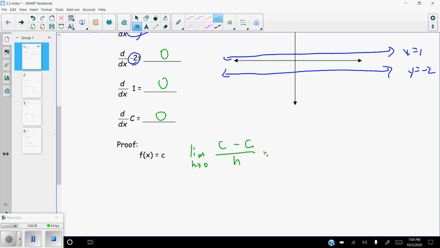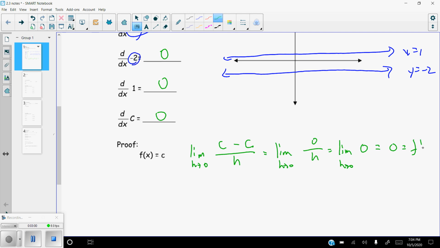Always simplify your limits before you evaluate them. Well, c minus c is 0. Again, simplify your limits before you evaluate them. 0 divided by h is 0, and the limit of a constant is the constant, so this is 0.